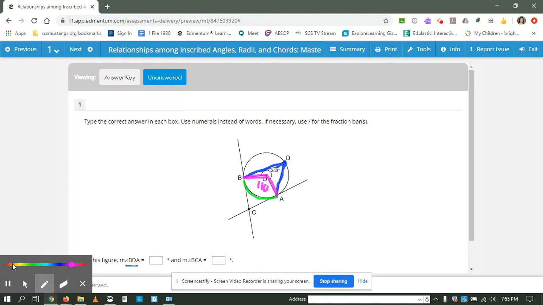Then the second part of this question wants us to find the measure of angle BCA. So if we find there's B, there's C, there's A. So it's asking us for the measure of this angle right here. This is not something that we covered in class, but the rule isn't too hard. If you look, we've got BCA right there, but then if we connect this here, we have a quadrilateral.